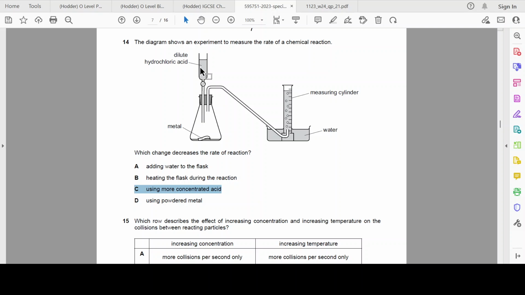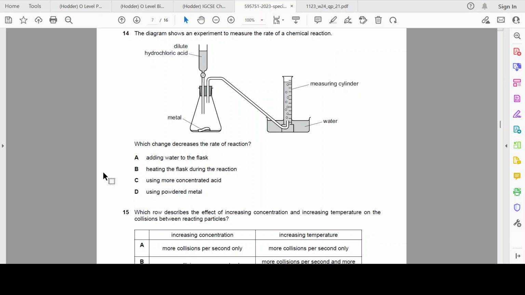And I already explained D. So each of these three options will result in an increase in the rate of reaction. So by elimination, three of the four are wrong, so let's go with this. But again, you need reasoning for that. Like, why are they wrong?